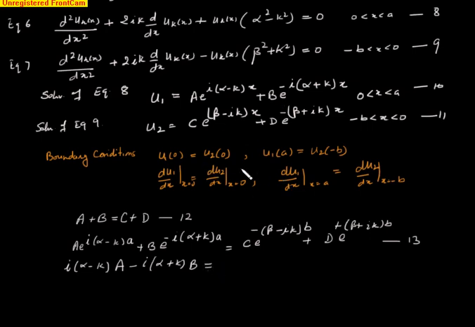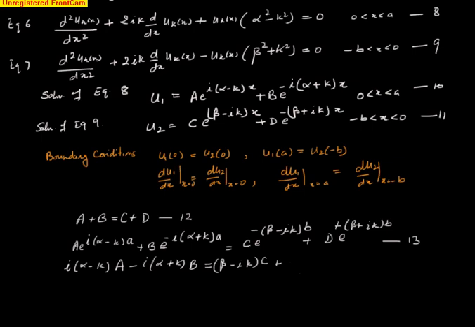Now u2, this term is u2, I have to differentiate it. Again here I will get β times minus ik into c, as I have to put 0, it will become e0 = 1, plus here I have now x is 0, but this factor will come here on differentiation.